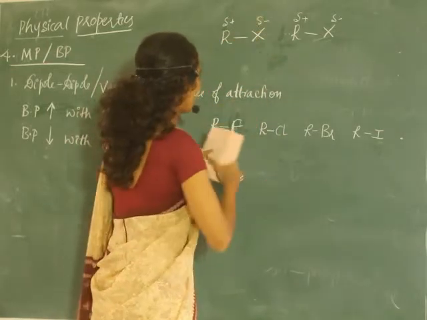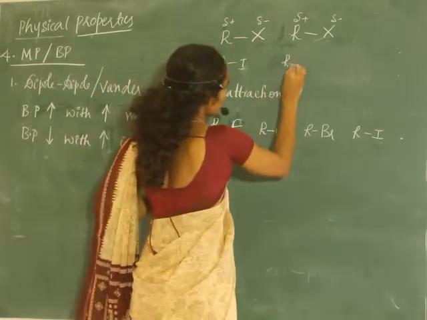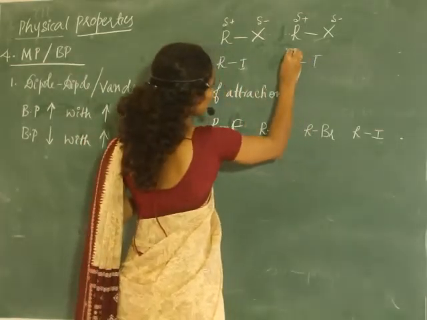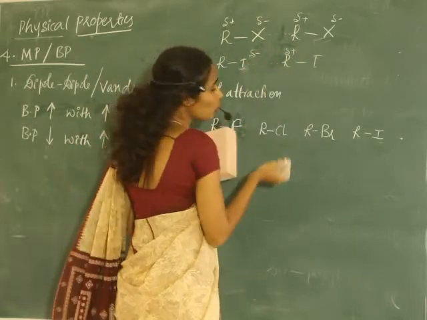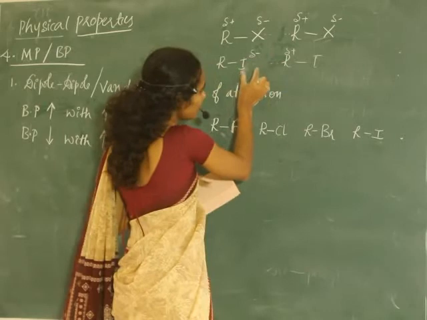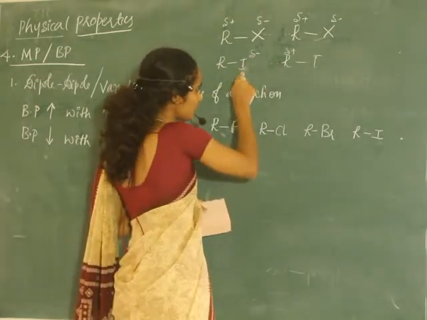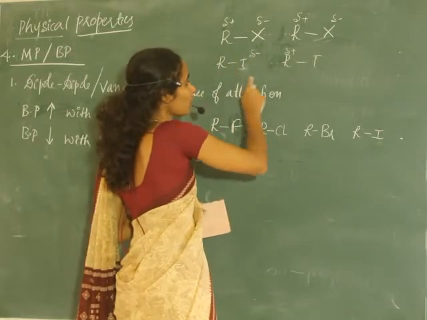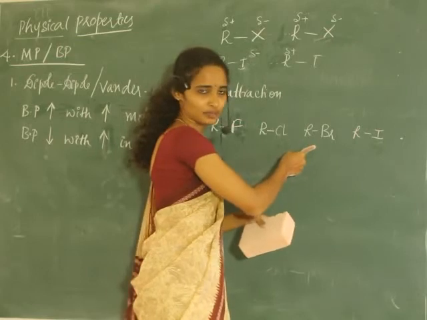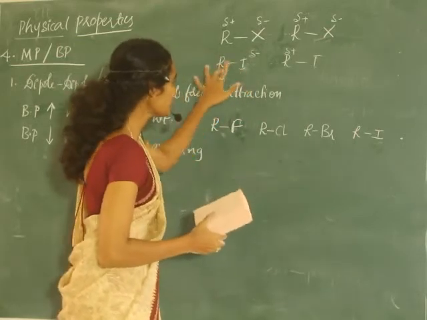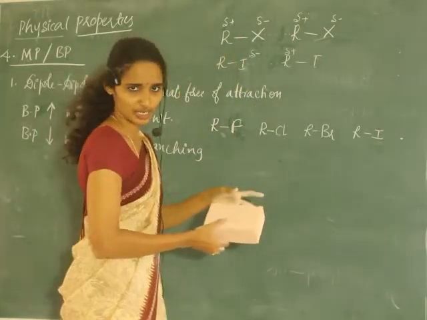In alkyl iodide, with partial positive charge on the alkyl group and partial negative charge on iodine, there will be more interaction between the iodide and the alkyl group. Why? Because there will be more electrons compared to other halogen atoms, and they are not tightly bound to the nucleus because of the larger size.